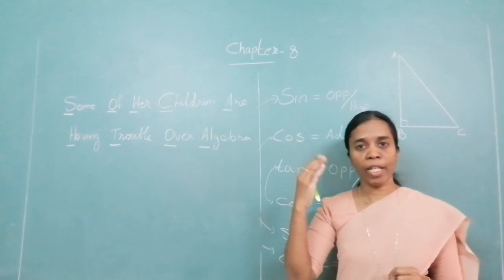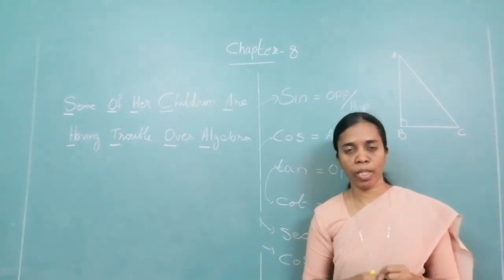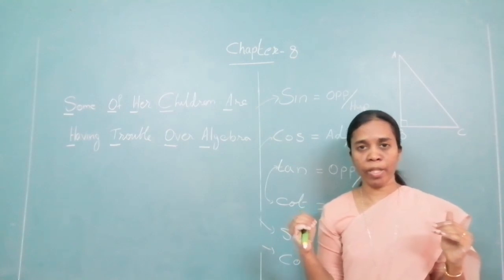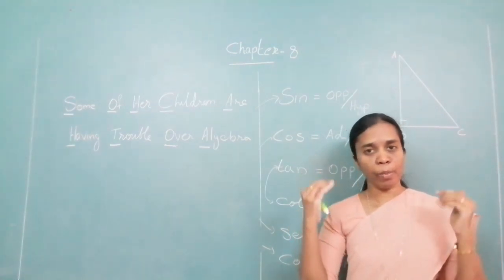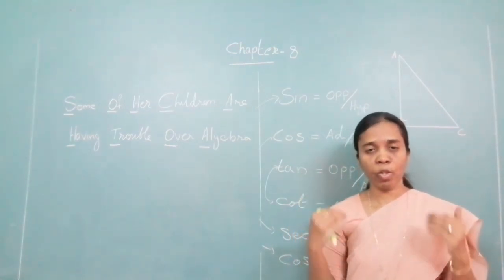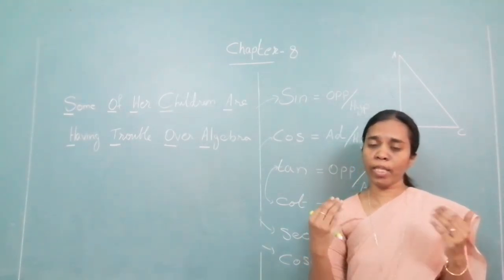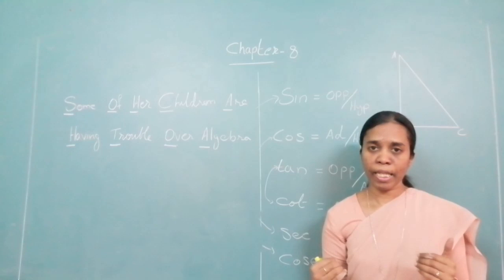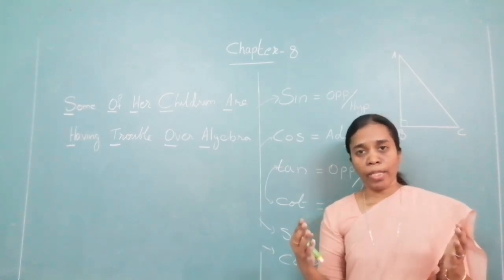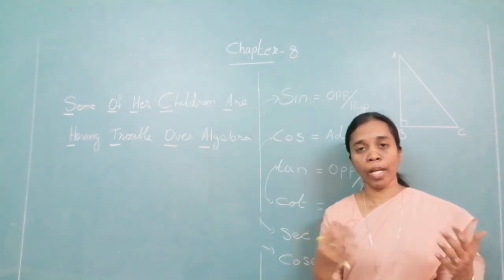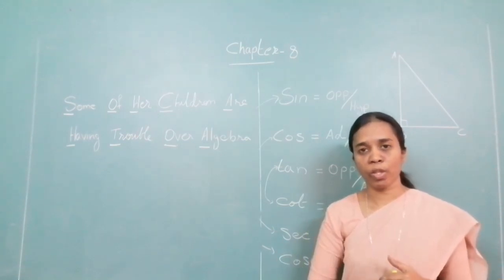First you learn sine, cos, tan, cot, sec, cosec. Sine opposite upon hypotenuse, cos adjacent upon hypotenuse, tan opposite upon adjacent, cot adjacent upon opposite, sec hypotenuse upon adjacent, cosec hypotenuse upon opposite. Okay.